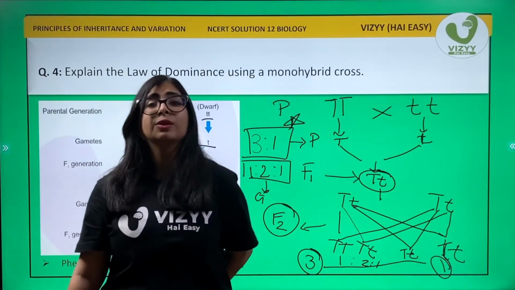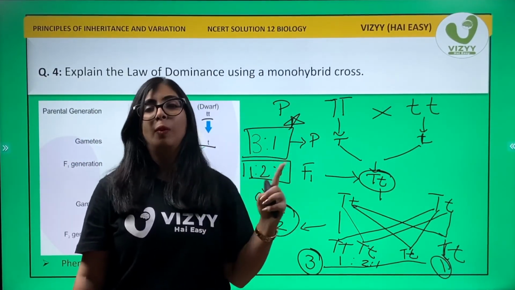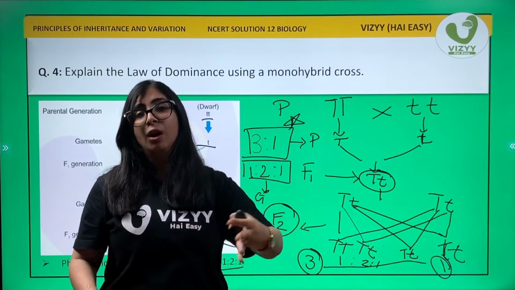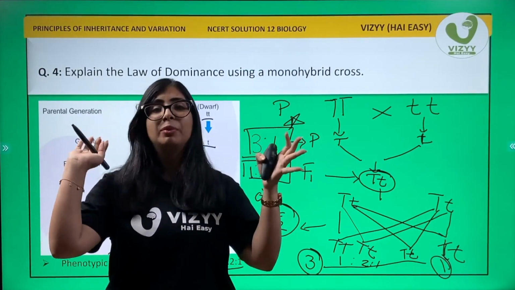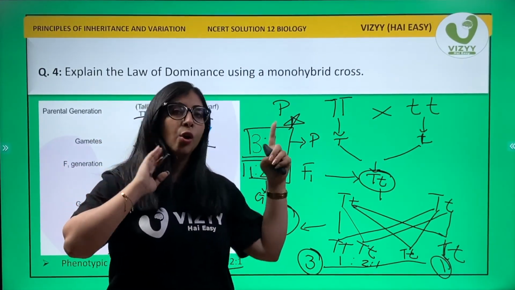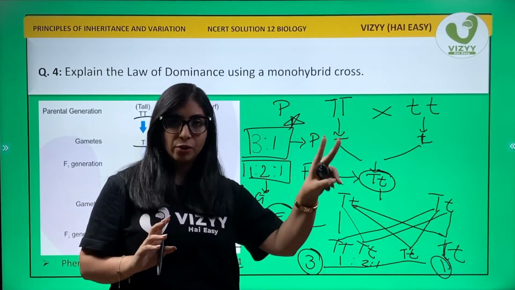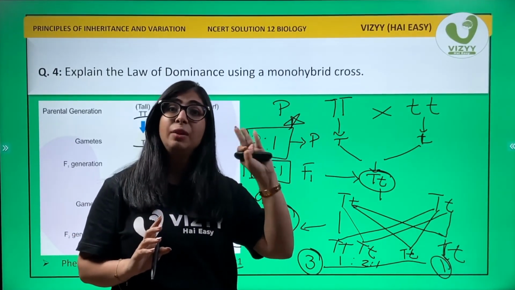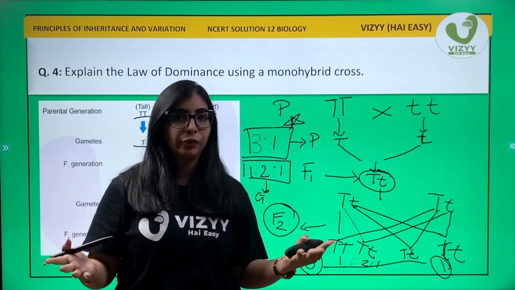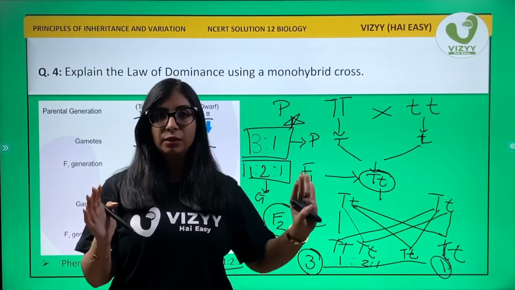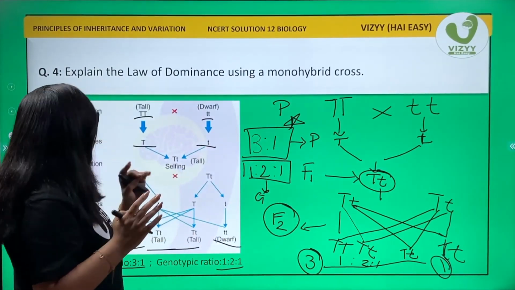The phenotypic ratio is what, students? 3:1. But the genotypic ratio, how does the genotype look? That is 1 homozygous tall, 2 heterozygous tall, and lastly 1 homozygous dwarf. Students, clear? So, we are done with question number 4.